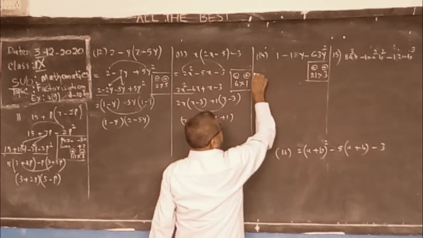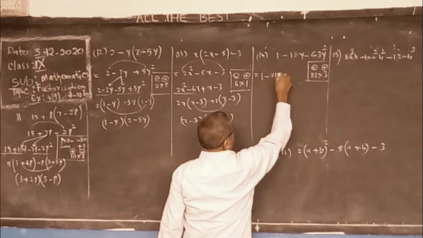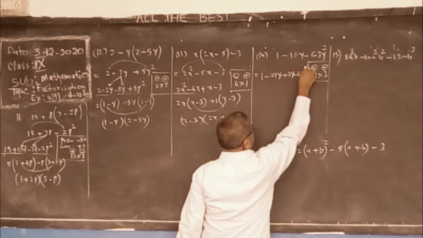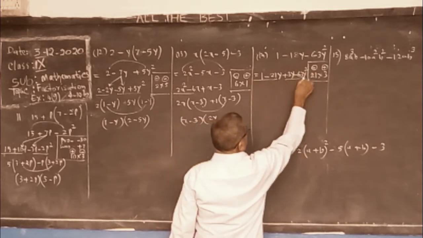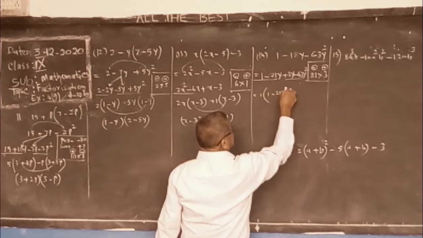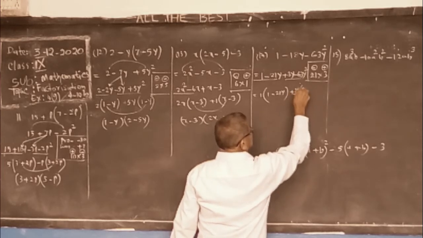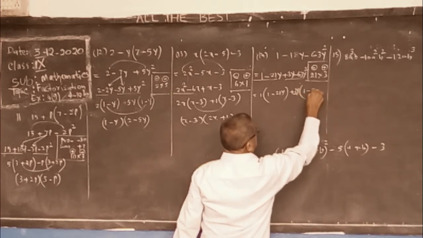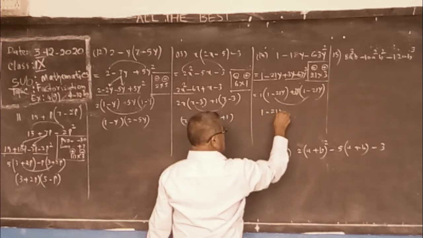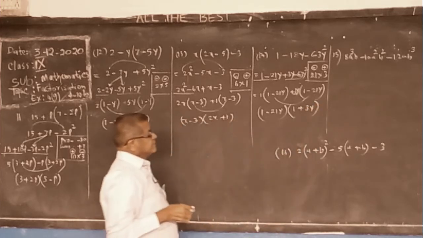So you split like this: 1 minus 21y plus 3y minus 63y squared. Take 1 common here: 1 minus 21y. Here taking 3y common: 1 minus 21y. Again 1 minus 21y is common, into 1 plus 3y, like this.